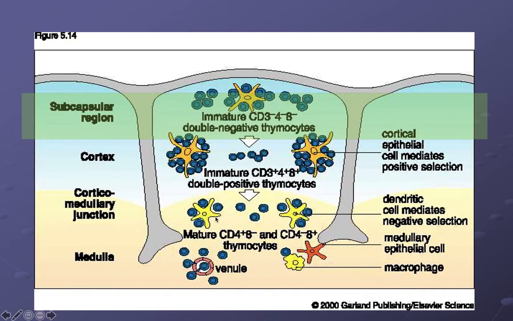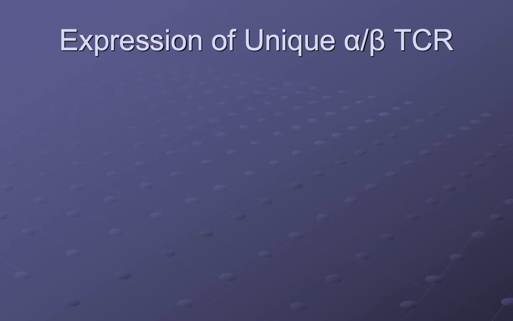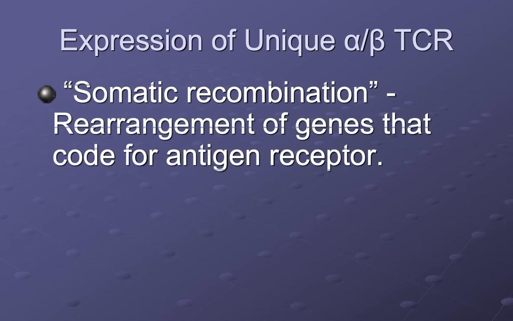So after maturation, we know they are ready for shipping. Now let's take a look at each process involved in this second stage of thymocyte development, which involves alpha beta chain TCR expression and cell surface molecule expression. First, we have the expression of unique alpha beta chains of the TCR.